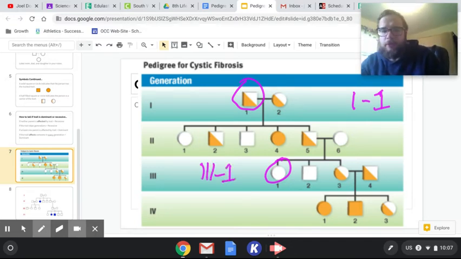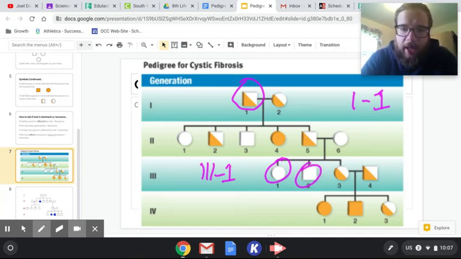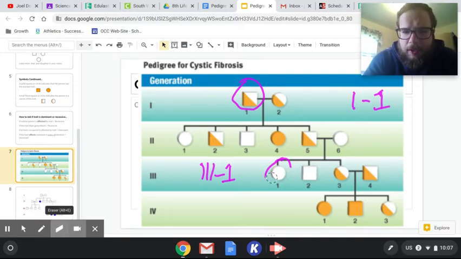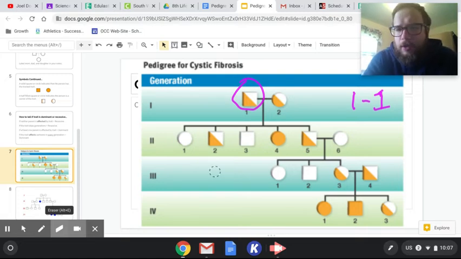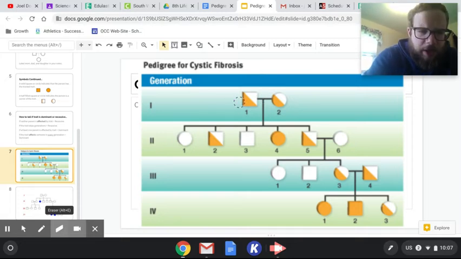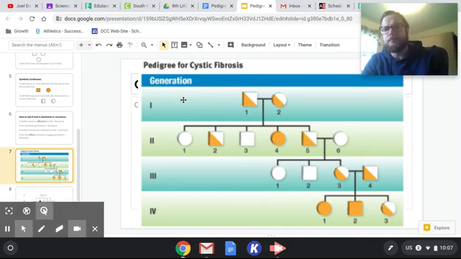Or 3-2 if I want to talk about that guy right there. So that's some basic stuff that I forgot to mention. You've got your generation numbers on the left, and then you've got your individual number down below. So let's talk about generation 1.